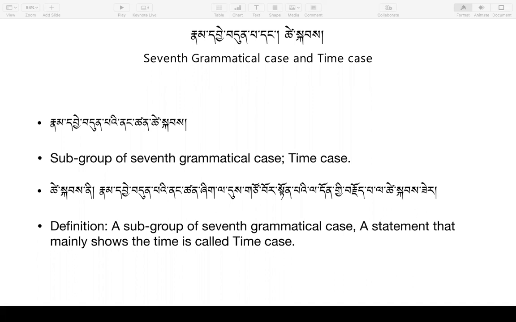So, definition: a subgroup of seventh grammatical case, a statement that mainly shows the time of what you are doing, time of when you're doing it. So time of an action that you're performing, or any time in particular, is called the time case.